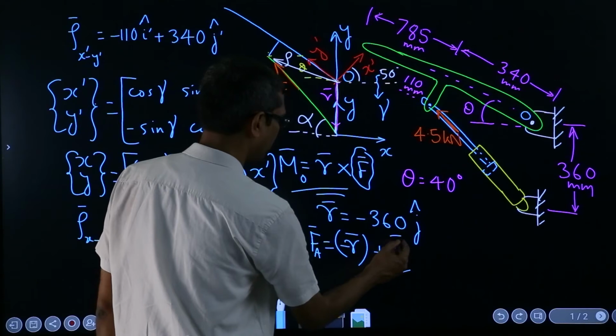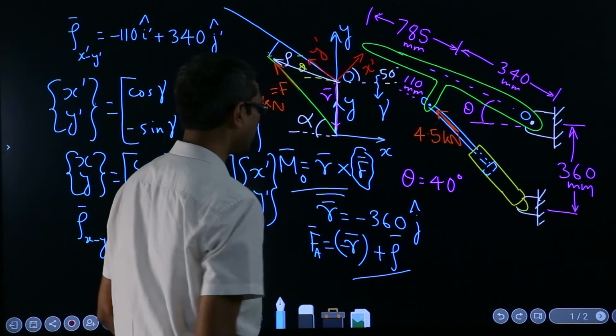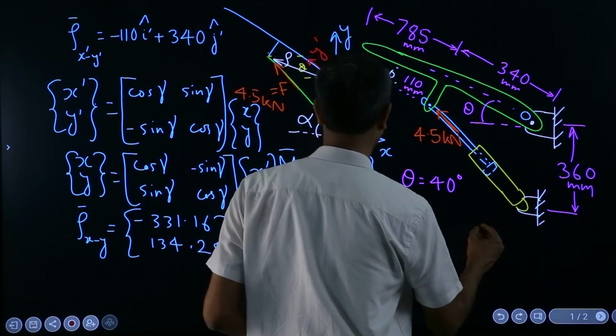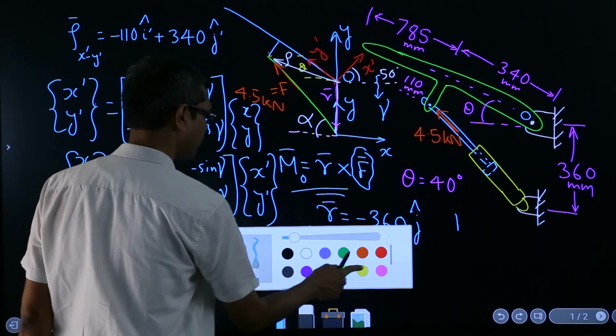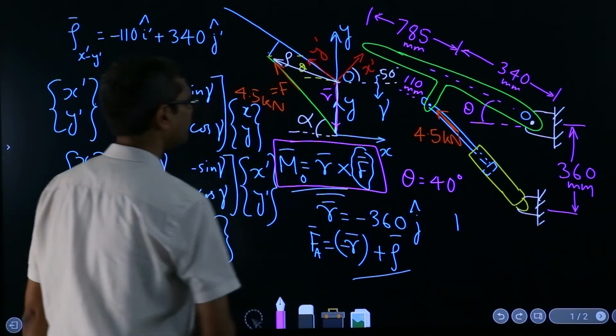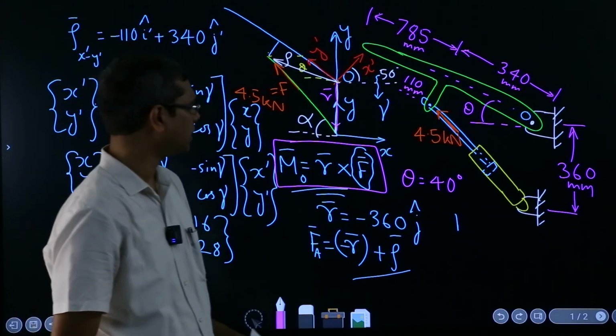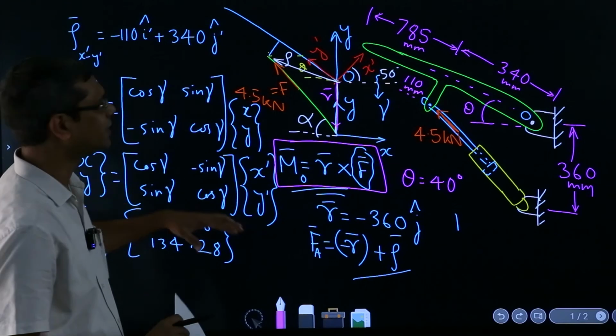We have calculated this, r is known, so f is known, and you can simply calculate the moment with r cross f. So that's another way of thinking, which I would call thinking vectorially.